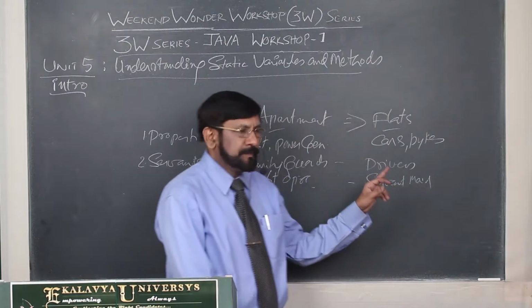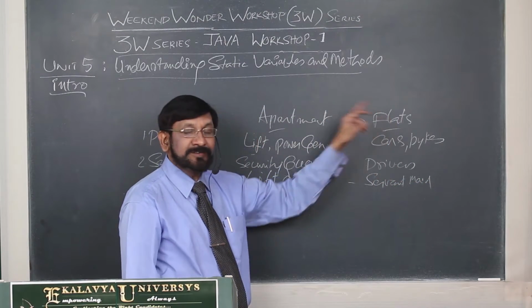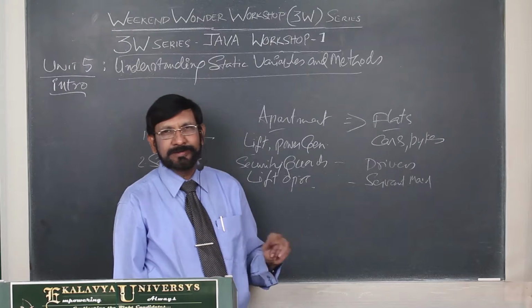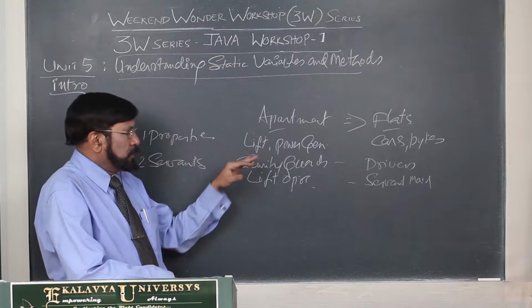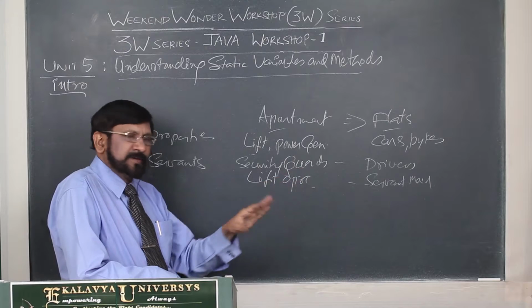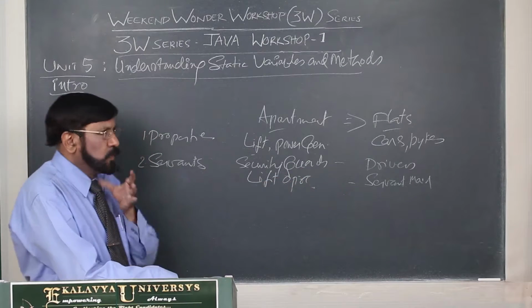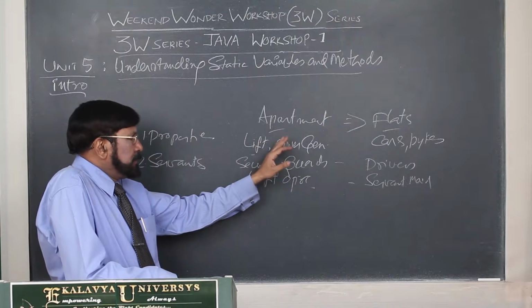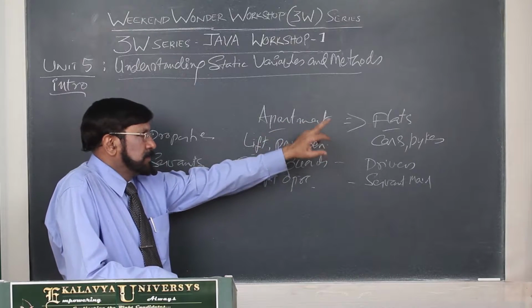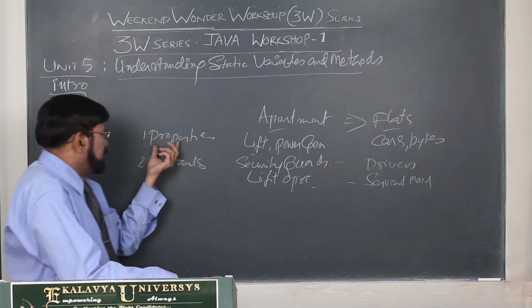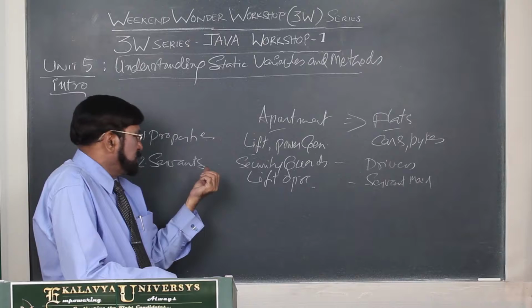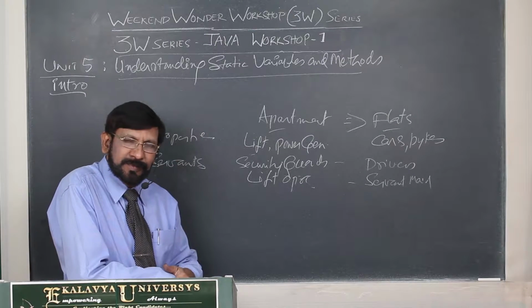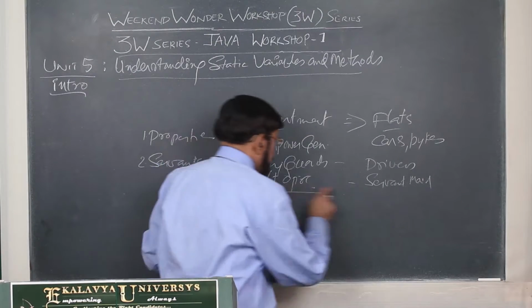These belong to individual flats. Understand? So all properties and all servants are classified into two groups. Some belong to the apartment, some belong to flats, as far as properties and servants are concerned. This is the real life model.